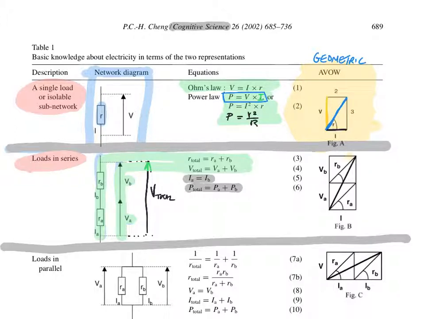So now this last part. Notice that there's only one current. Okay? But there are 2 voltages. The voltages add, or in this case geometrically, we're stacking them.